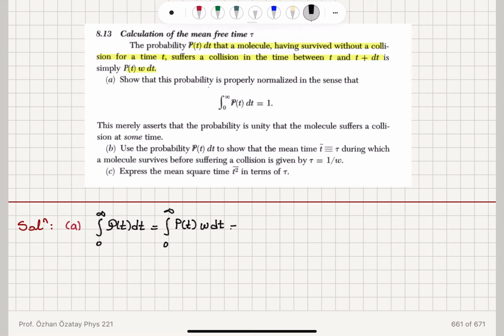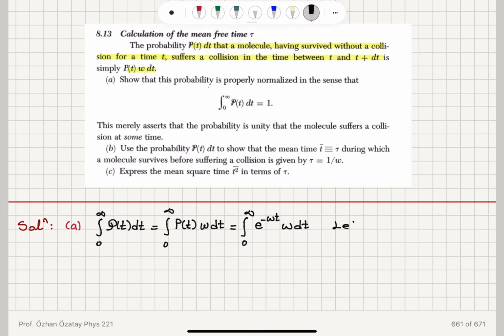So this we have found to be the integral from 0 to infinity of P of t. In the previous problem we found it to be e to the minus omega t. So we have e to the minus omega t omega dt.